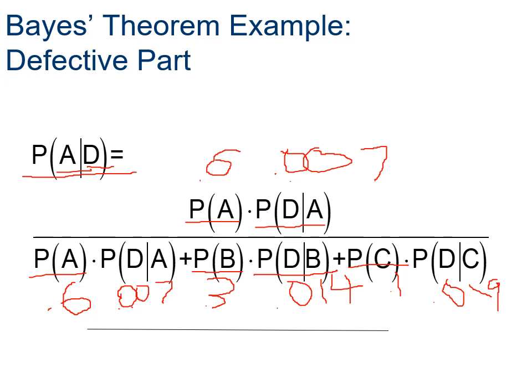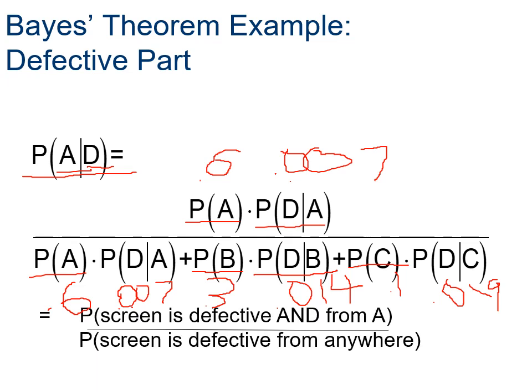So the formula looks really scary, but once we figure out what's what and plug it in, it's not so hard, because there's a lot of repeats. Probability of A shows up twice. Probability of defective given it came from A shows up twice. Essentially, the probability that the screen is defective and came from A is the numerator, over the probability it is defective from anywhere.